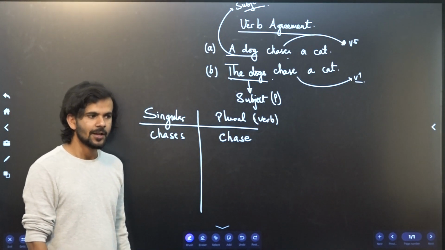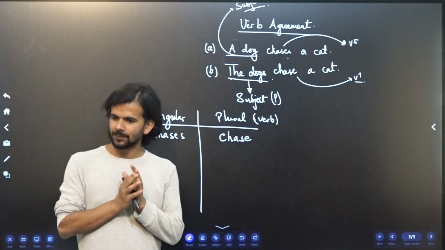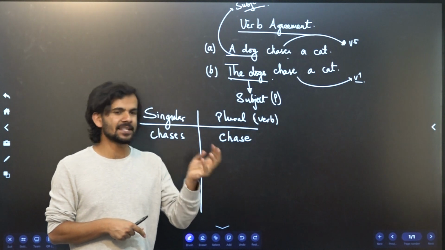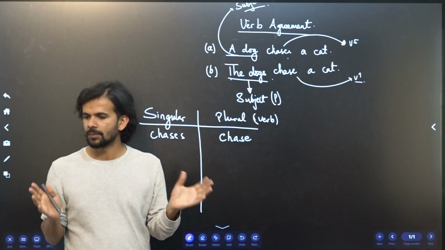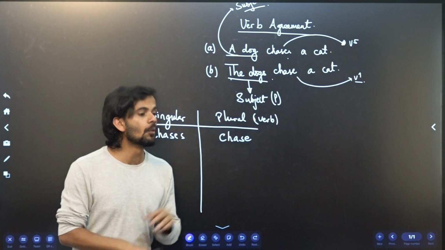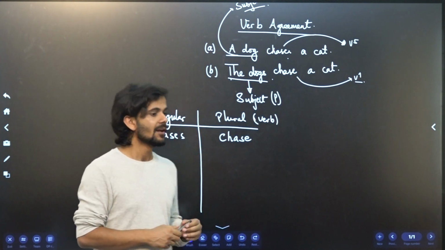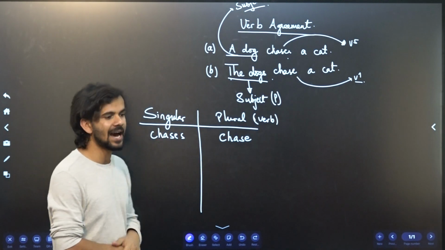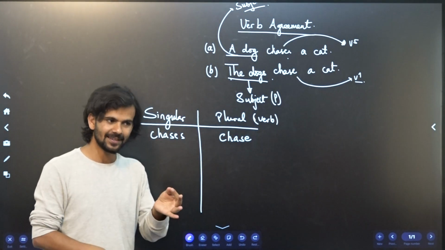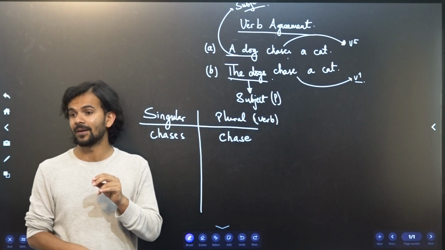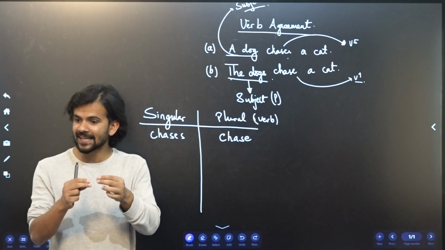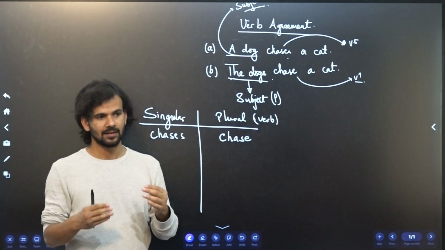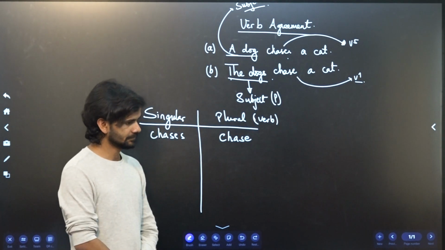When it comes to nouns, we generally add es or s to make the plural of a noun, most of the time, not always. But in the case of verbs, it's exactly opposite. Most of the singular verbs are with s, and in the case of plural verbs, it's without s.